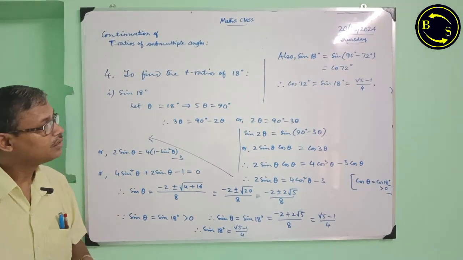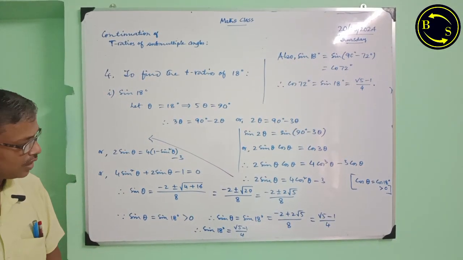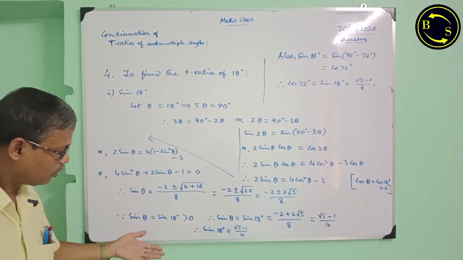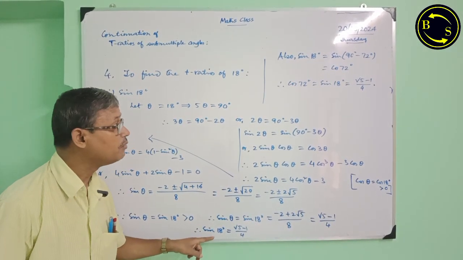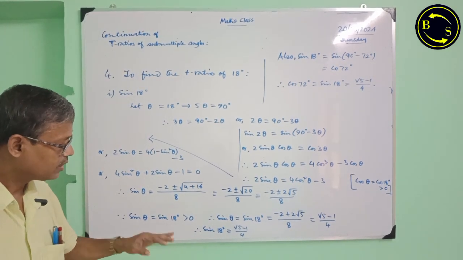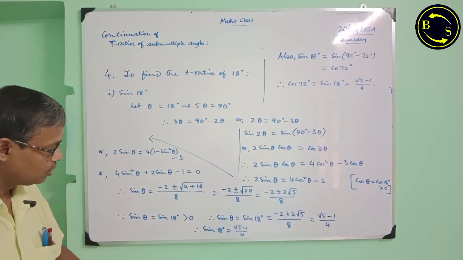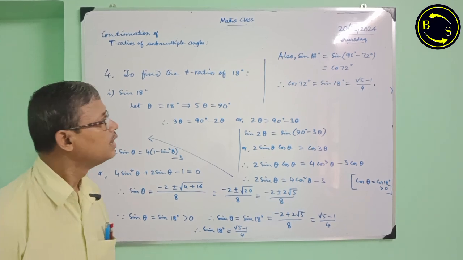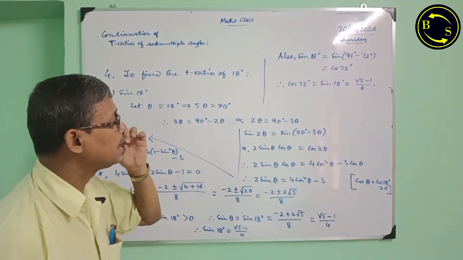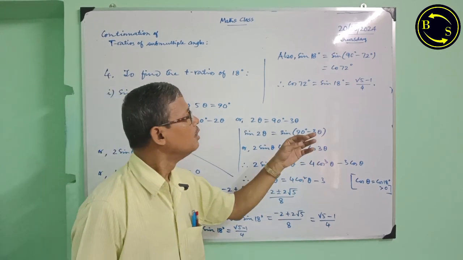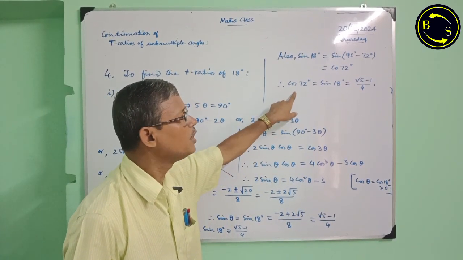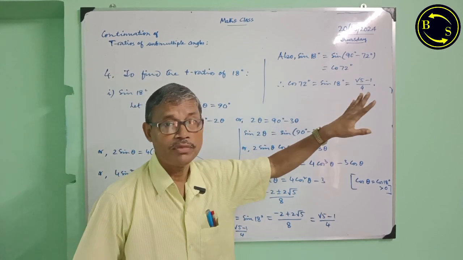Now you see, students, learners are to note these steps. Thus we have got the value of sine 18 degree, a very important value. Also you have to memorize that value for solving the problems, and using the concept of trigonometrical ratios of complementary angle, sine 18 degree will be equal to cos 72 degree, that is equal to root 5 minus 1 whole by 4.